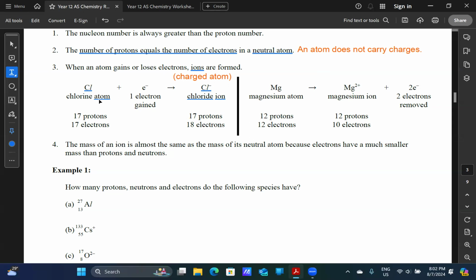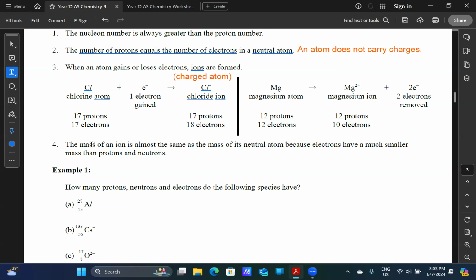Even though an atom may gain or lose electrons, the transfer of electrons will not change the mass much. Why do we say that the mass of an ion is almost the same as the mass of its atom? As you know, the mass of an electron is extremely light, very small.